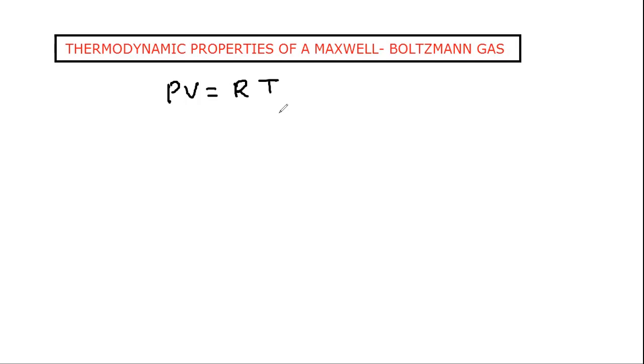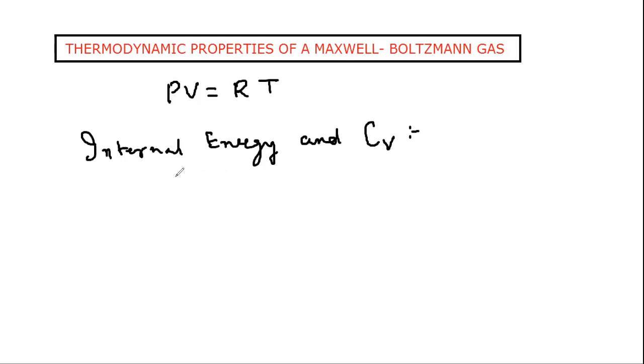So let us move. So first, we will find the expressions for internal energy, and C sub V, which is the heat capacity at constant volume of the gas.